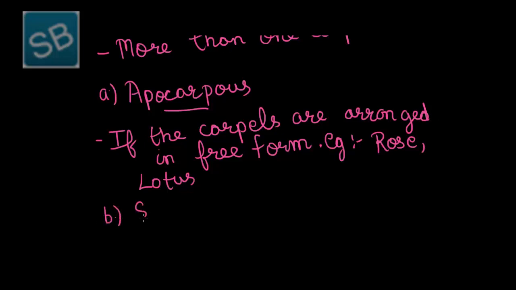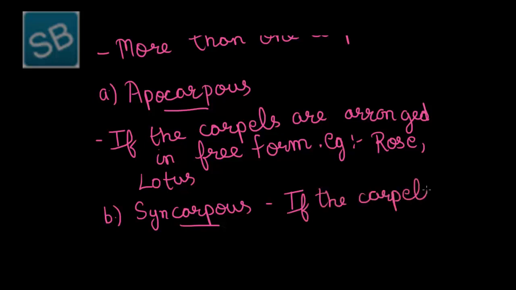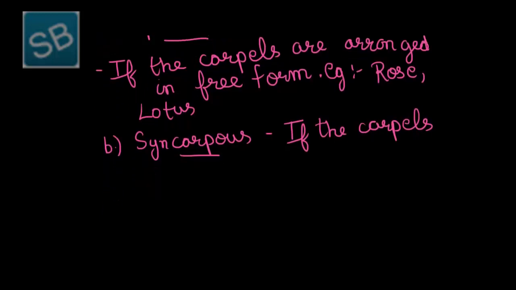The second type is syncarpous. Here, if the carpels occur in the united form, then the type of gynoecium is known as syncarpous gynoecium.